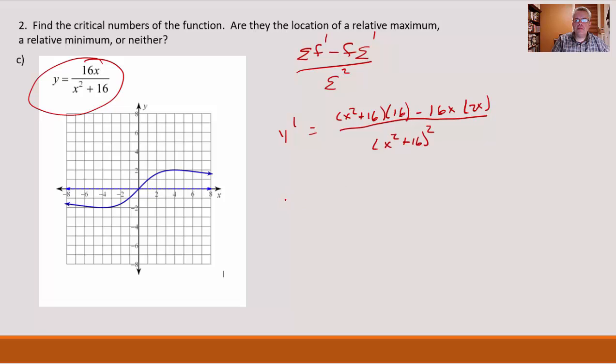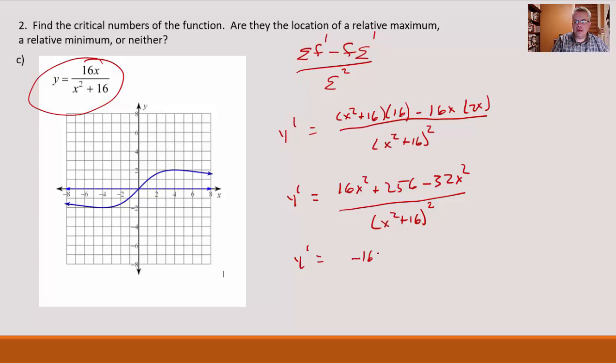Okay, now we can simplify the numerator. If we do that, we're going to get 16x squared, 16 times 16 is 256, minus 32x squared over the denominator. And if we simplify it, we get y prime is -16x squared plus 256 over the denominator.